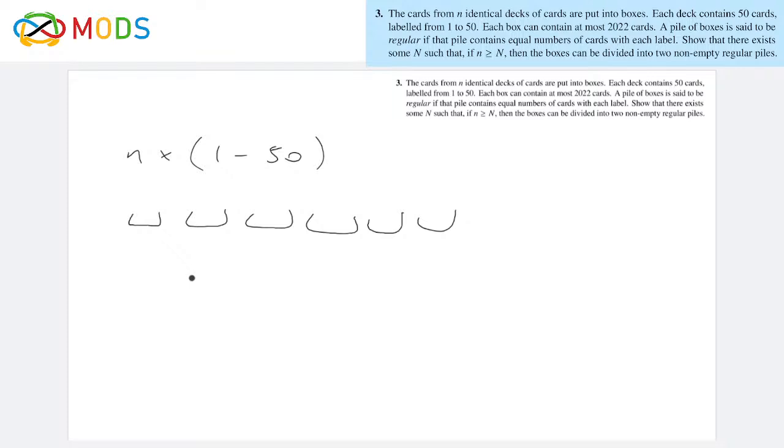I don't think so, right? It just says the cards from n identical decks are put... Sorry, you don't choose the boxes. I mean, as in someone else chooses the boxes. You choose the piles. Yeah. So someone else distributes all the cards into these boxes, and you have to prove that no matter how they distribute them, if you have enough decks, you can always split these boxes into two piles which contain the same cards.